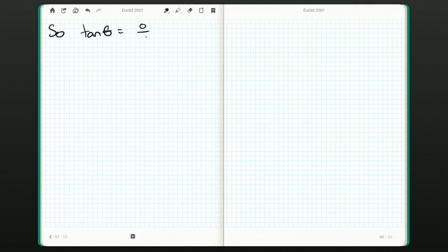So tan sigma is opposite over adjacent. The opposite we said was the absolute value of negative 1 minus 1 over root 3, so that's going to be root 3 plus 1 over root 3, all over the adjacent, which was 1 plus 1 over root 3.